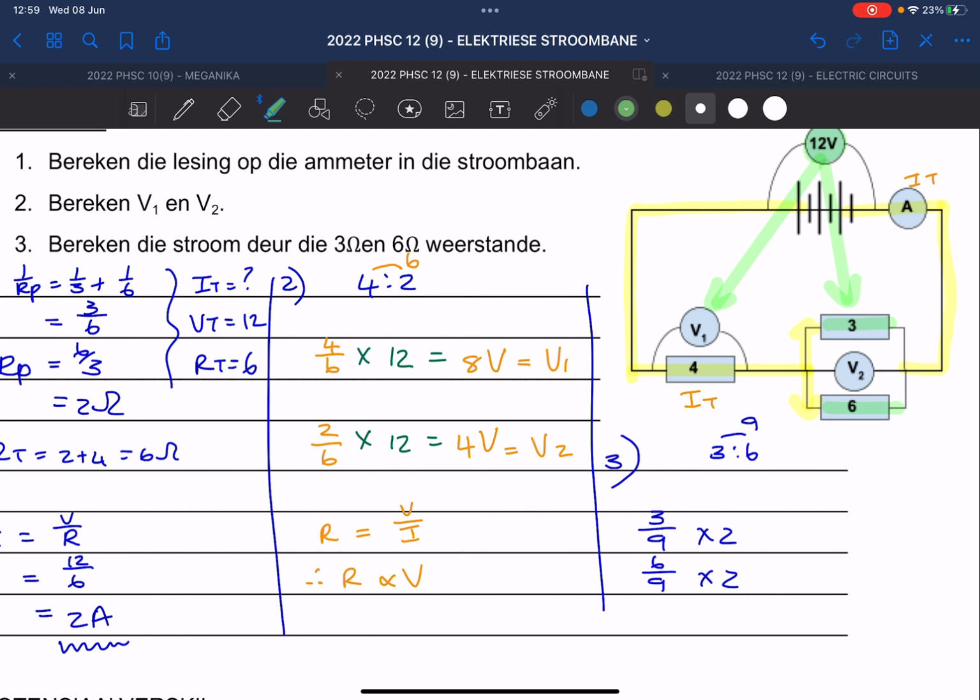So I'm just going to highlight where I get this from. So that 2 I get from there. Right, en daar gee vir my 0,67 en hier gee my 1,33.